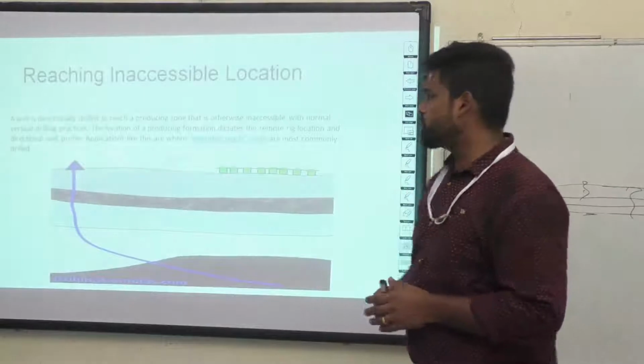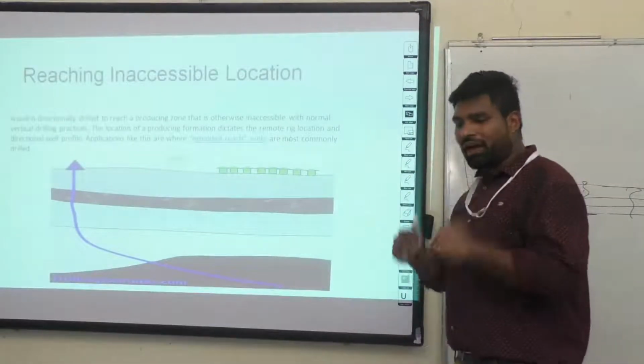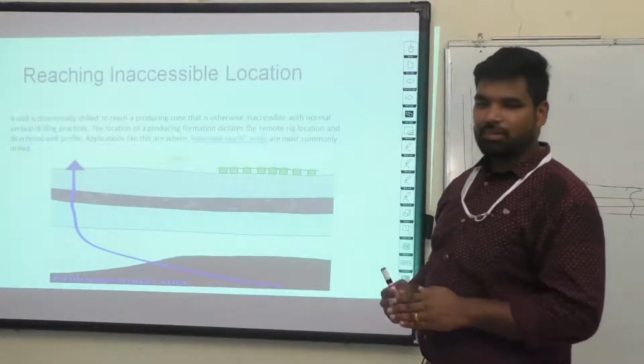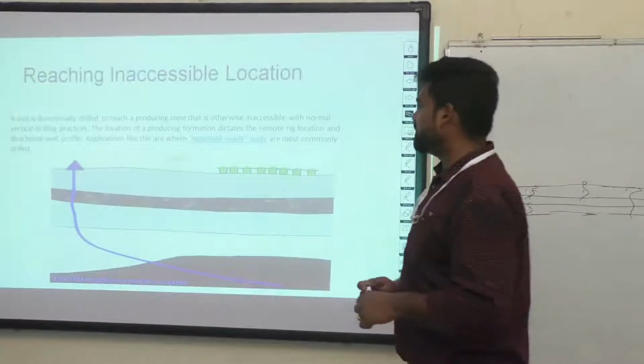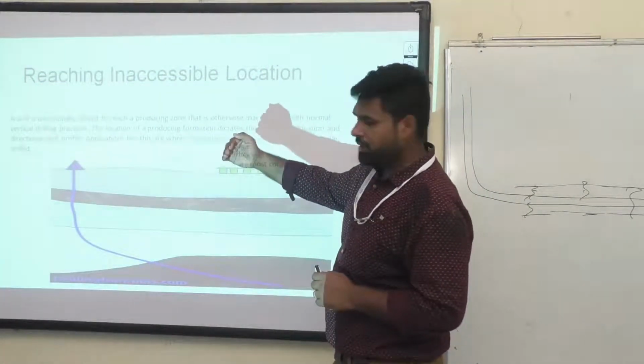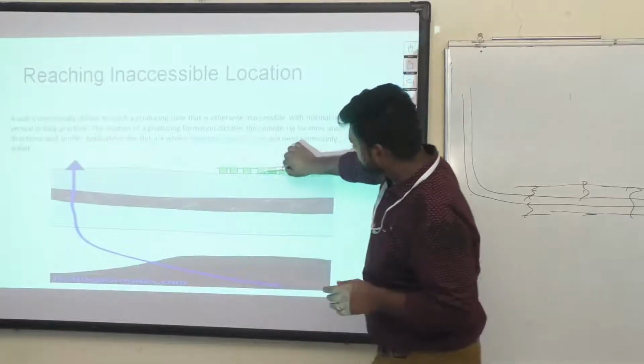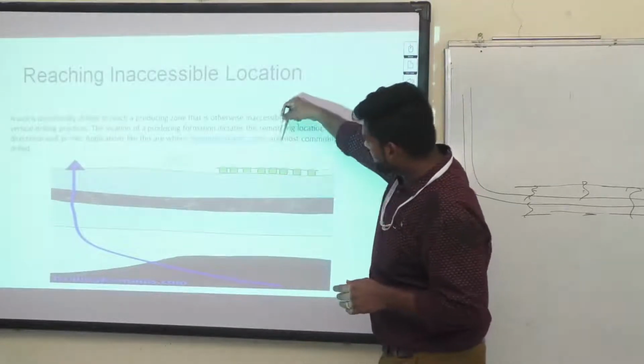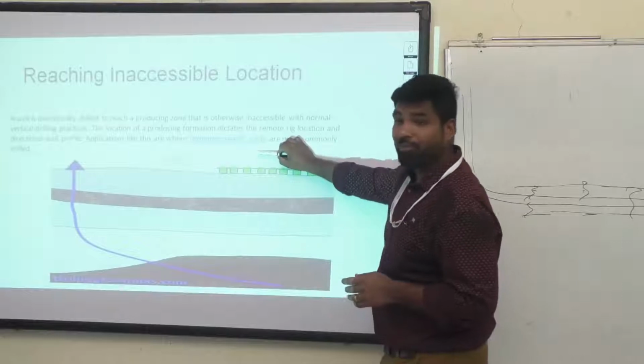So, what you have is a big reservoir under an inaccessible area or under a building, so you have to go beyond that inaccessible area. For example, we have a building here. You can't drill a vertical well here because we have a building.